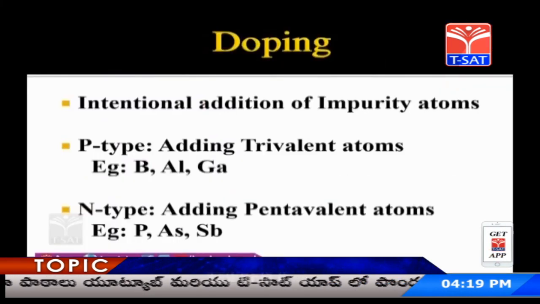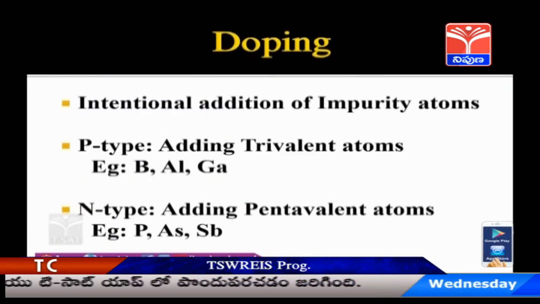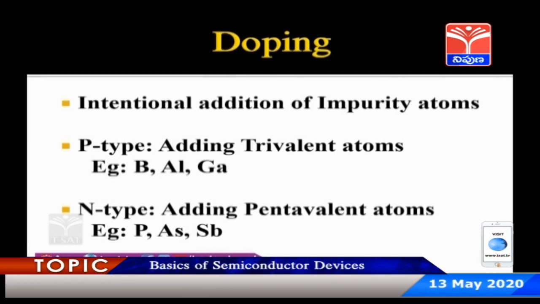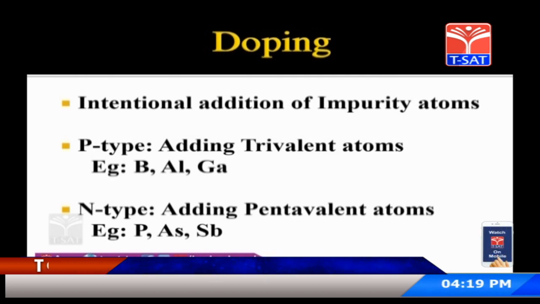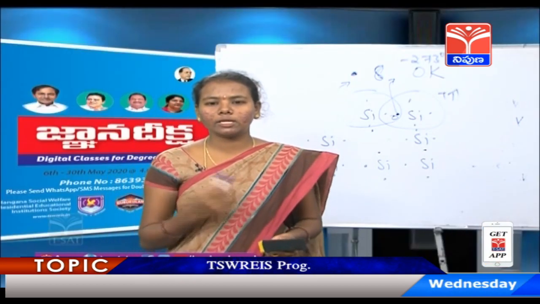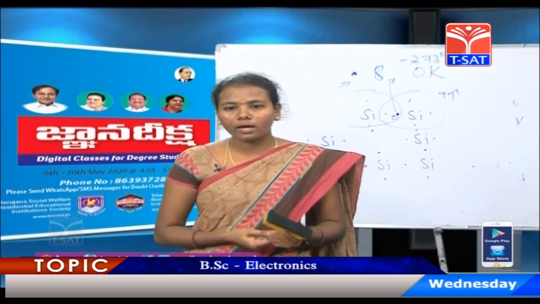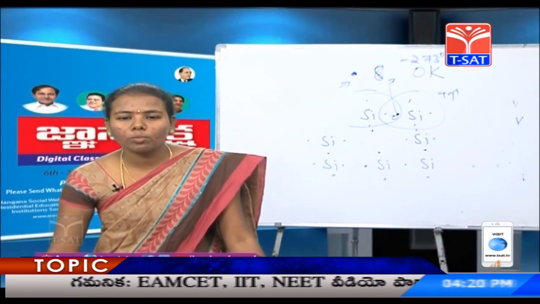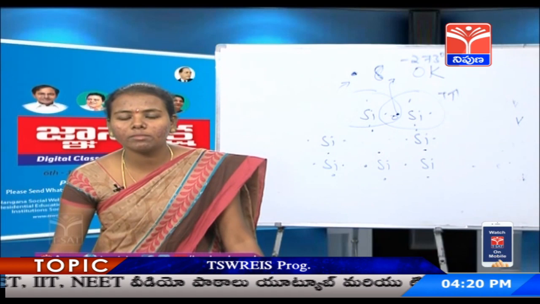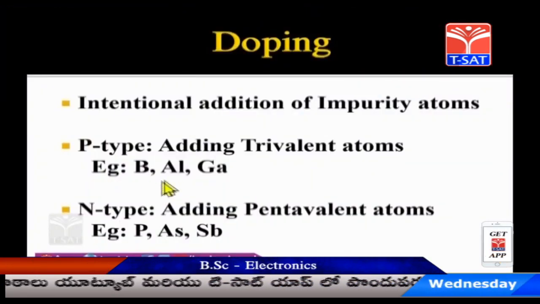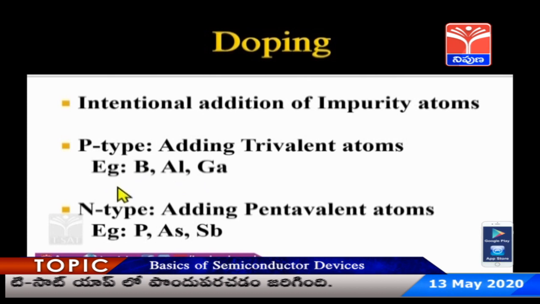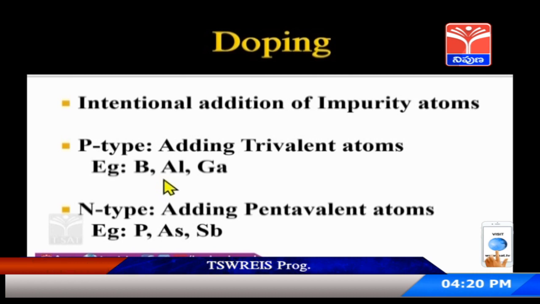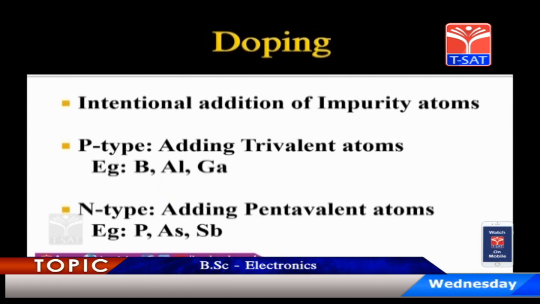There are two different types of impurity atoms. We can add a trivalent atom, for example boron, aluminum, gallium. These are 13th group elements and have only 3 valency. If you add these to the pure semiconductor, we call it a p-type semiconductor.